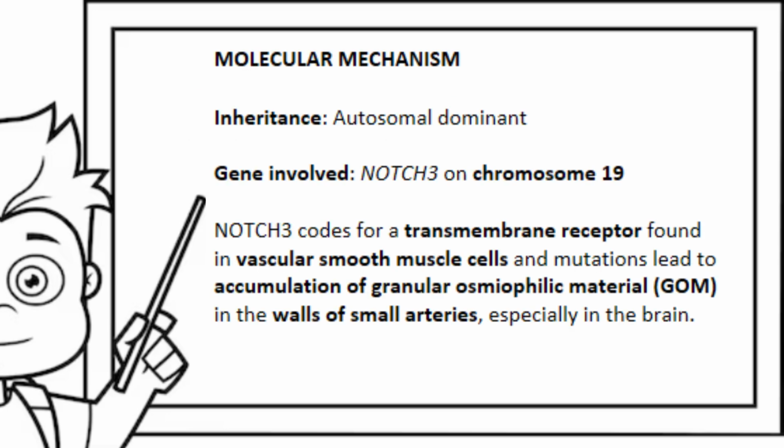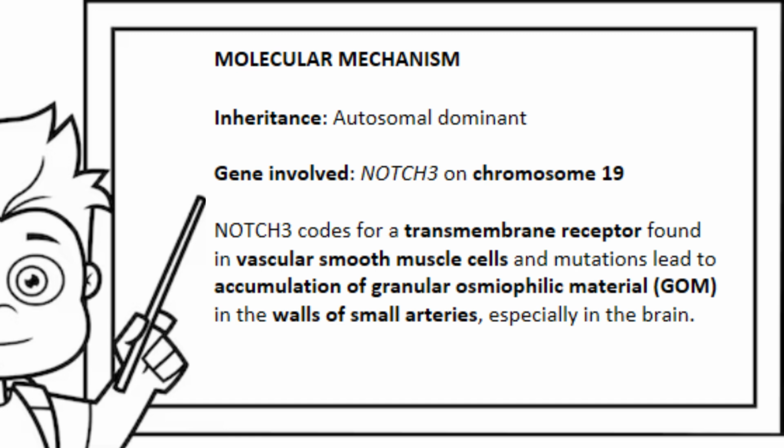Let's talk about genetics and pathology. It is inherited in an autosomal dominant fashion, hence the name Cerebral Autosomal Dominant. Autosomal dominant. And the gene involved is NOTCH3 on chromosome 19. This gene codes for a transmembrane receptor that is found in vascular smooth muscle cells.